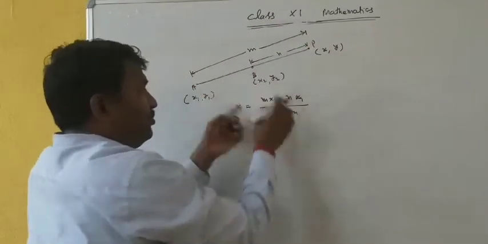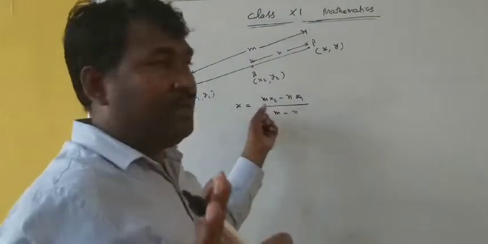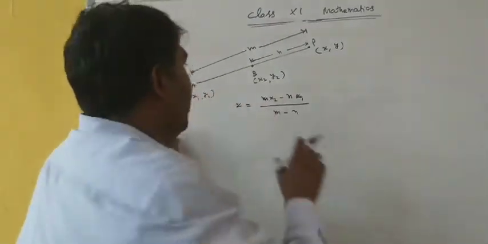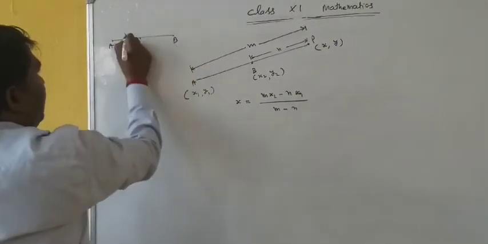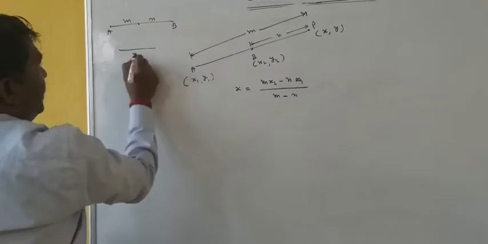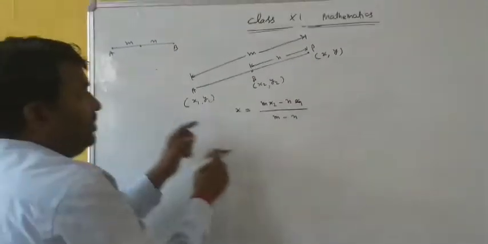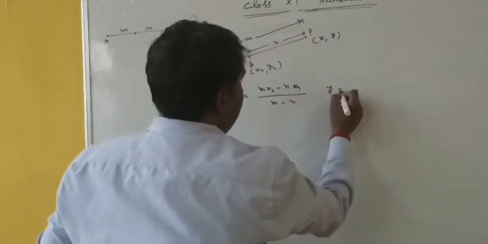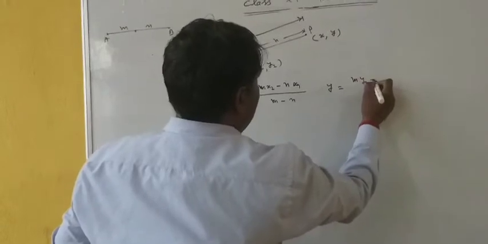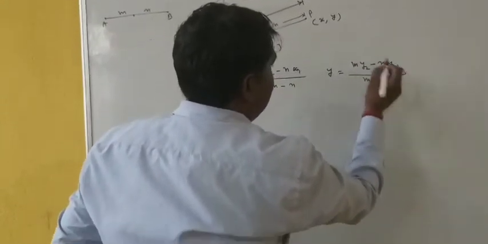You have to take in the denominator the complete length of the line joining these 2 points. As in the case of internal division, where it was m and n, you were taking m plus n, the complete length. In the same way here you are taking m minus n. And the y coordinate is m y2 minus n y1 divided by m minus n.